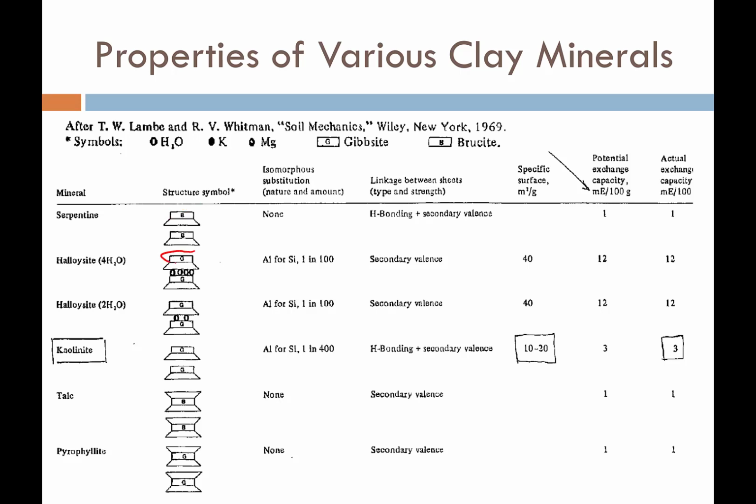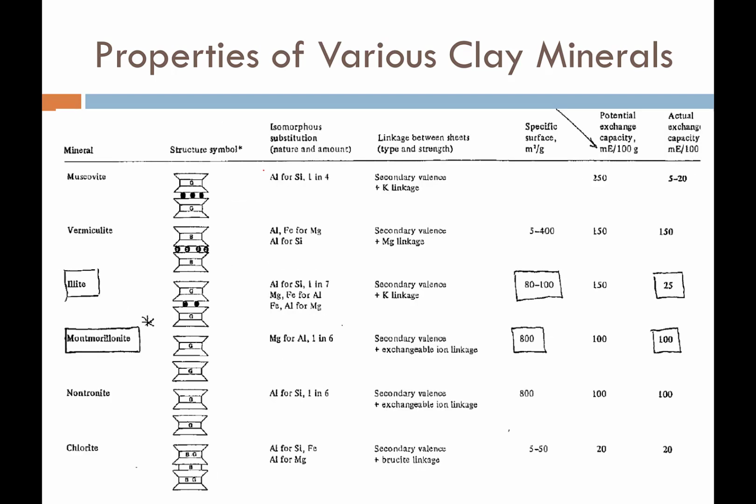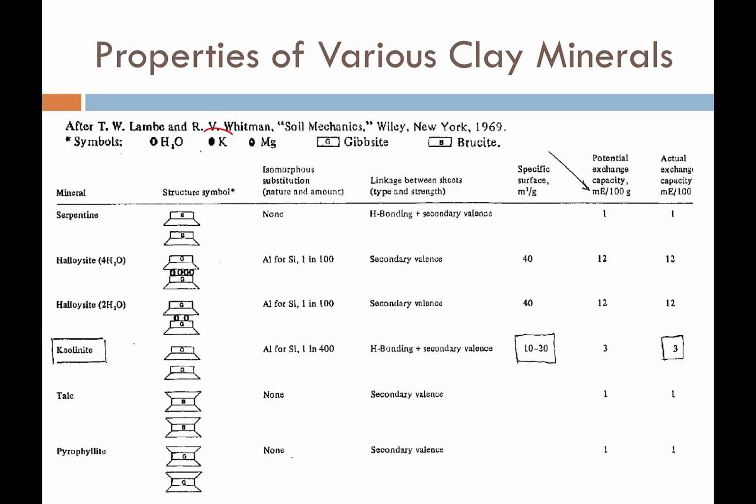This one has a G, so that's gibbsite. If you see an open circle, that represents magnesium. If you see a closed circle, maybe on the next page, that's going to represent potassium as the cation that's doing the covalent bonding.